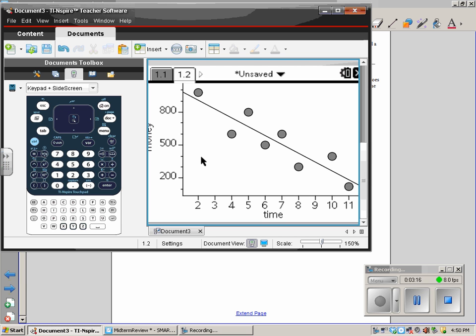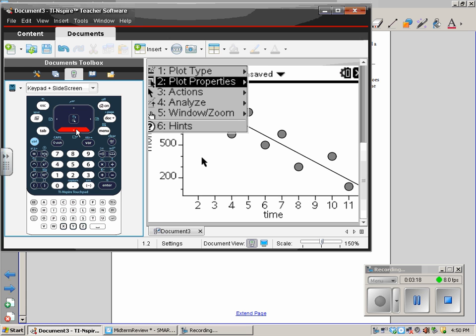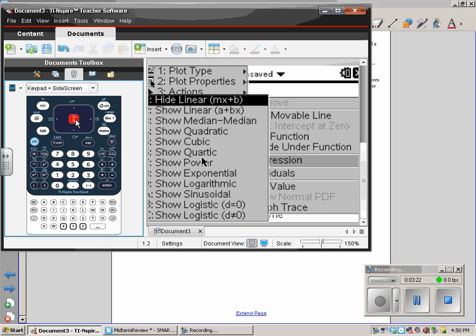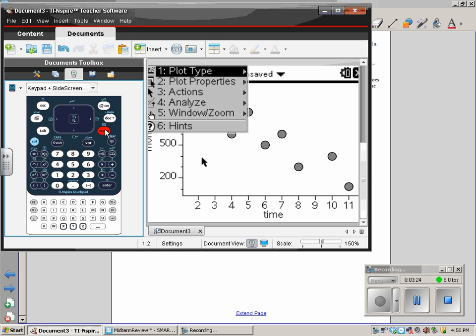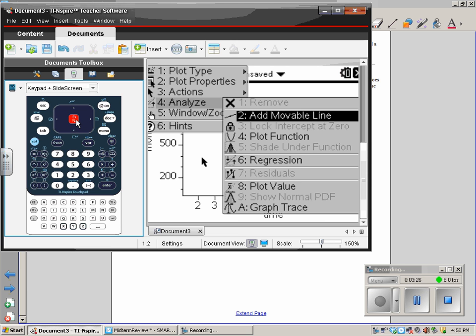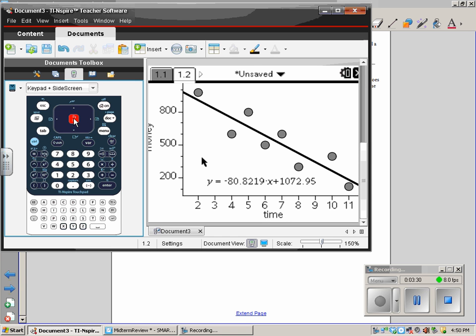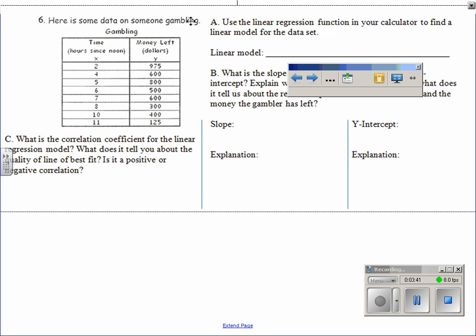I don't know why I just erased it. So again, you have to go to menu, analyze, regression. I'm going to hide it and then show it again. Menu, analyze, regression, show linear. So it's y equals negative 80.82x plus 1072.95. So we go back here and we write that in.